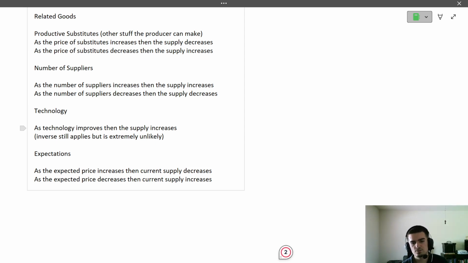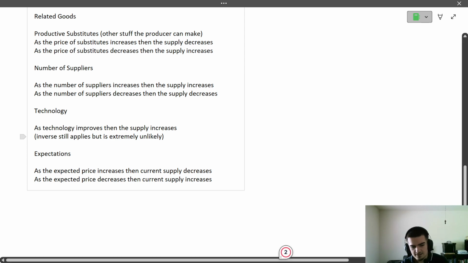Then Bessemer made his process that could make steel quicker, and the supply of steel increased. So the more technology there is, the more supply. The inverse still applies. If somehow we lost technology, supply would decrease, but it's extremely unlikely because there are very few times in human history where we lost technology, maybe besides the Dark Ages.